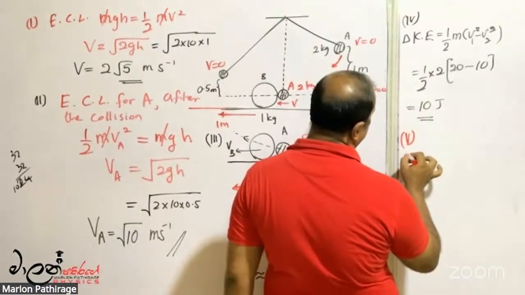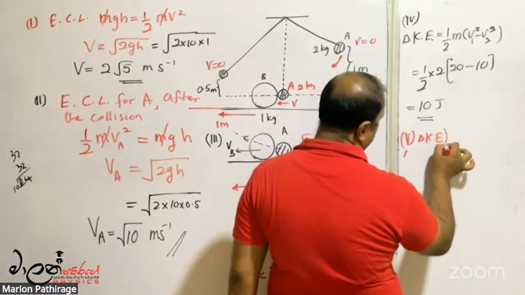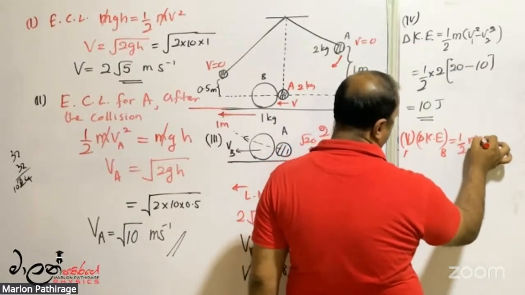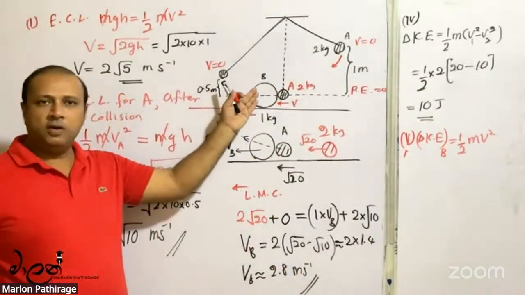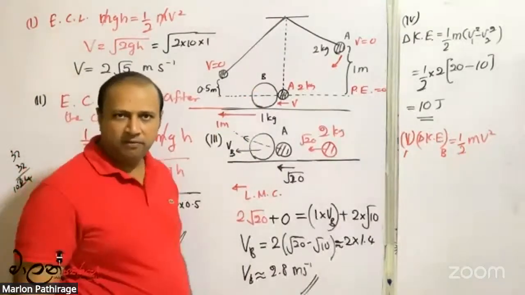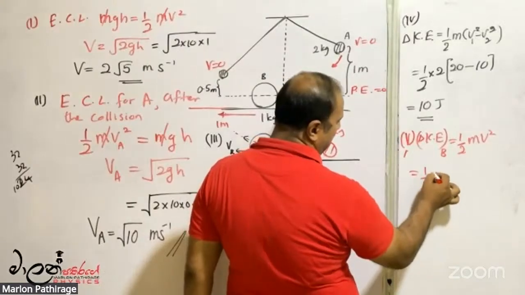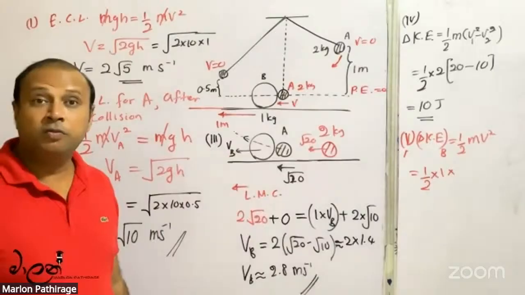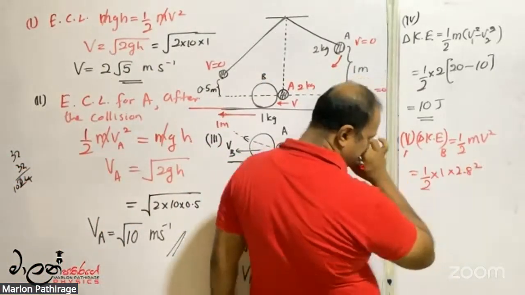Energy gain means the difference in kinetic energy in B, which is equal to half mv squared, because initially it has no kinetic energy. Here m is 1, so it is half times 2.8 squared.